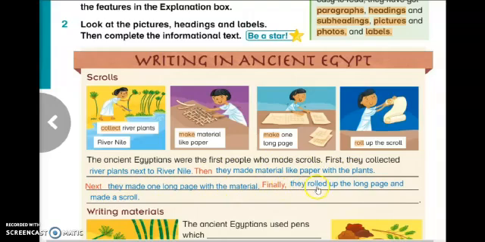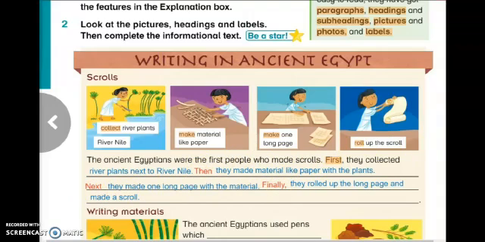And finally, they rolled up the long page and made a scroll. Pay attention, my students, with the linking words that we used in this paragraph, which are first, then, next, and finally. Repeat them again. First, then, next, finally.